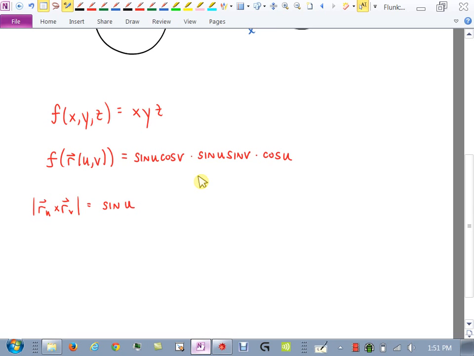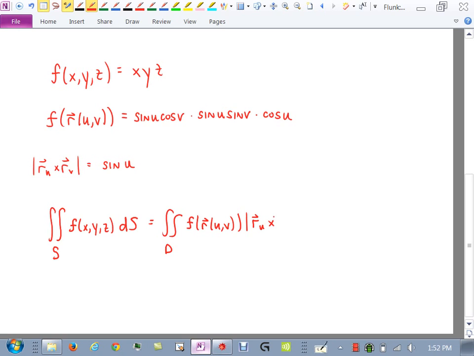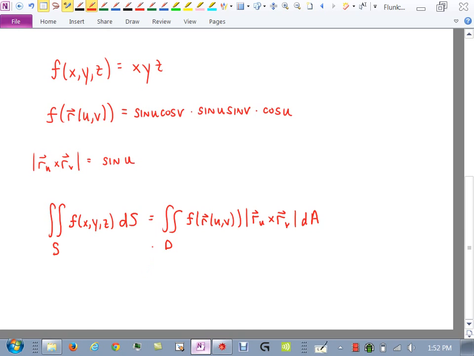Just pointing it out. All right, so here we go. If we want to do the double integral over S of f of x, y, z dS, this turns into the double integral over D of f evaluated at the vector function r of uv, times the magnitude of the cross product of the partials dA, which for us is all of this, right?